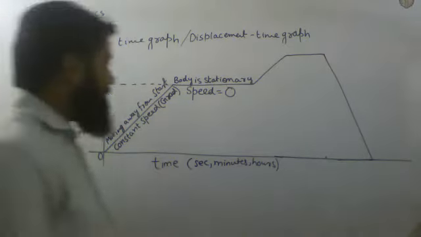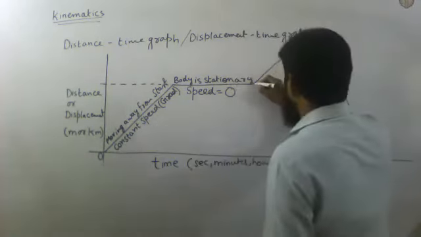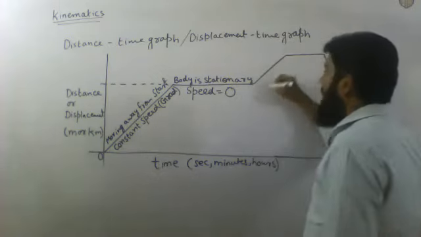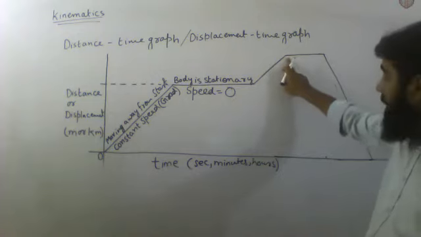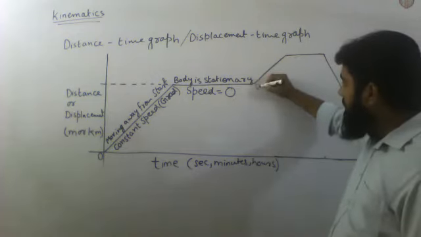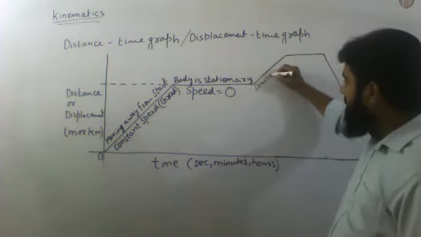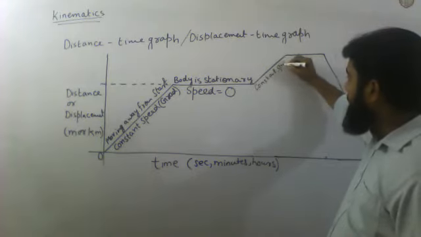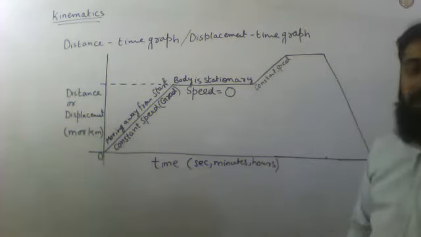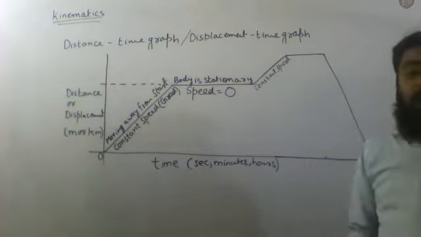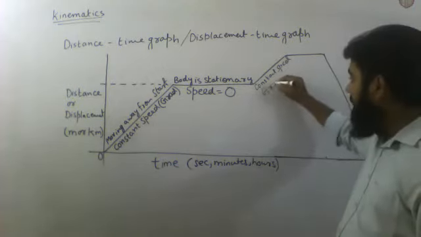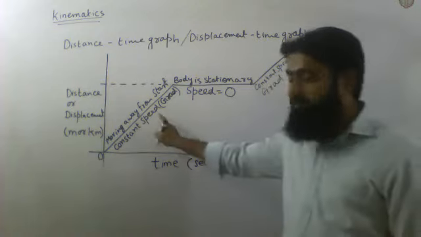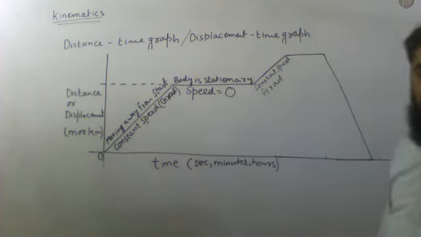Okay? Now, coming to this line. Again, it's a straight tilted line going upward, which means constant speed. And how will you find that speed? You will find it by using the gradient, as you have found it over here.